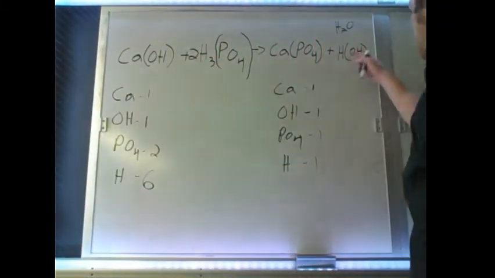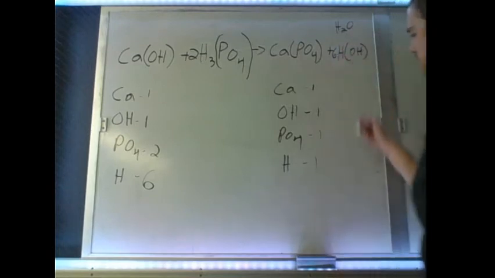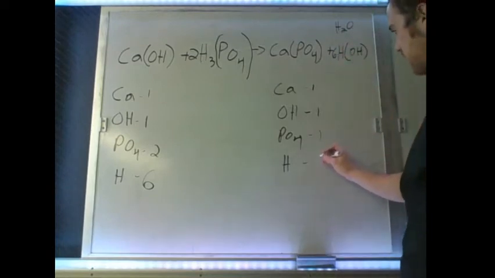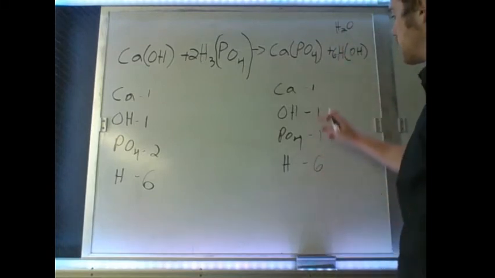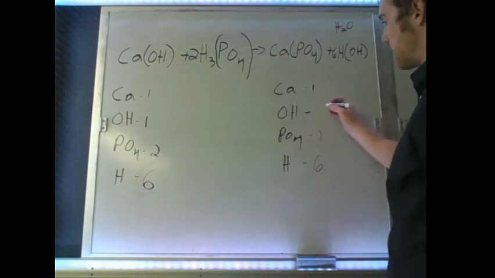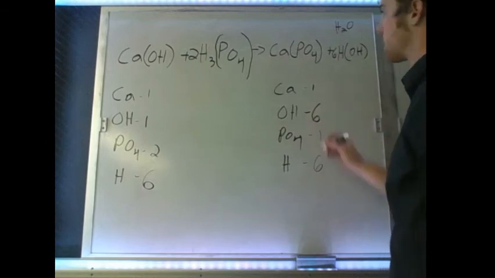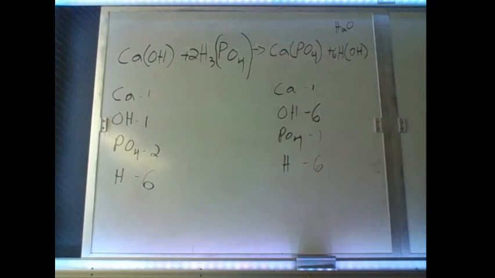Well, if I have 6 hydrogens, one of the easiest ways to fix that is put a 6 there. And by doing so, now I have 6 of these, but how many OHs do I have? Well, I ended up now with 6. One of the things that we forgot to do is to make sure that our systems are balanced.